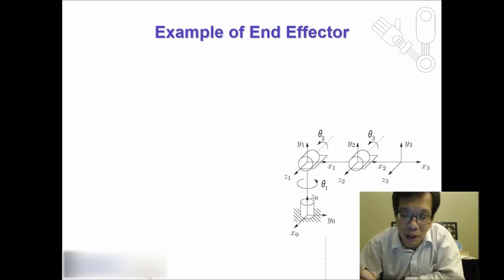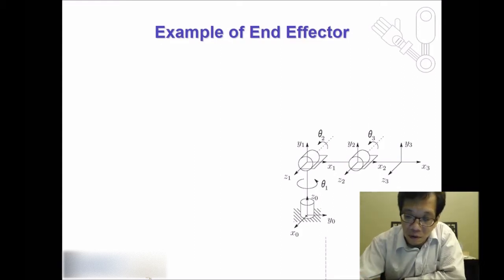Okay, let's work on one of the examples. So this one over here is the example from your textbook. Clearly, this one over here is fixed at the ground or some kind of fixed frame. And we attach a coordinate system over here, which is x naught, y naught, z naught, nothing fancy.